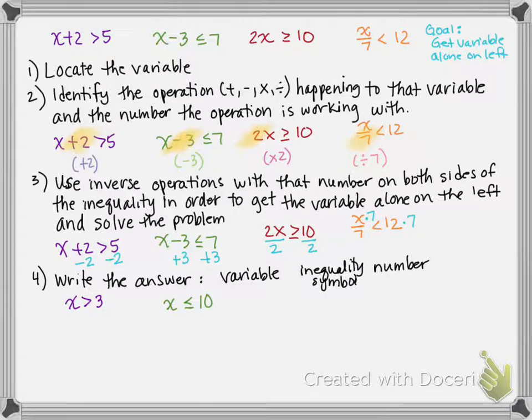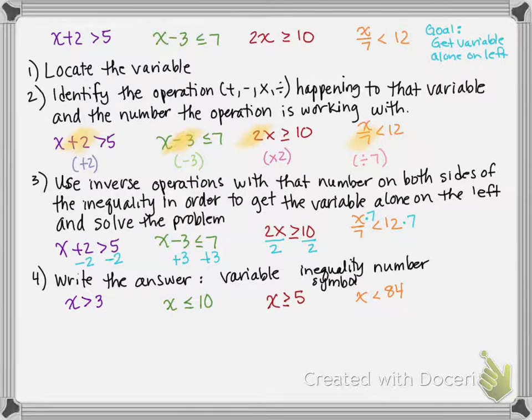There we go. Okay, 2x divided by 2. 2 divided by 2 is 1. 1 times x is greater than or equal to 10 divided by 2 is 5. And then last but not least, x divided by 7 times 7, so 7 divided by 7 is 1, 1 times x is less than, and 12 times 7 is 84.